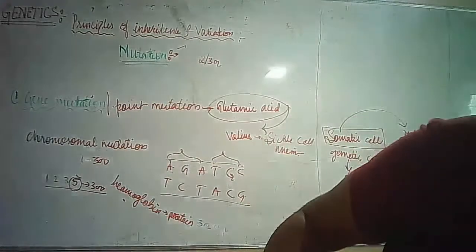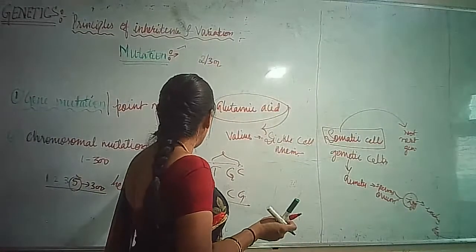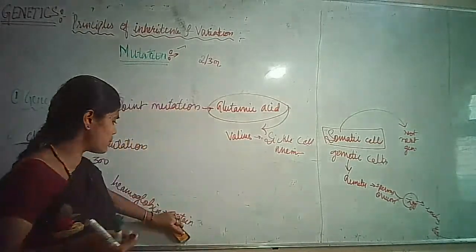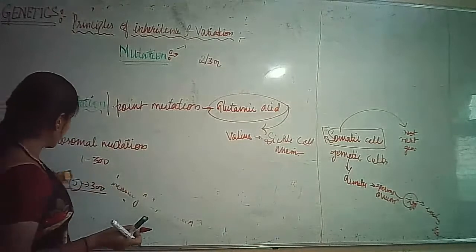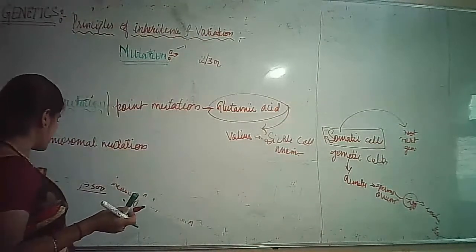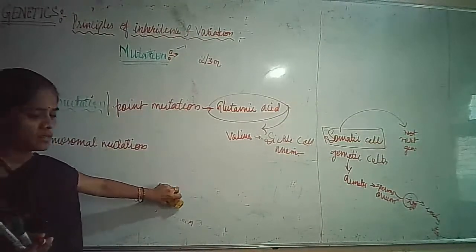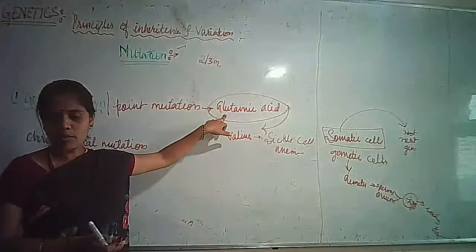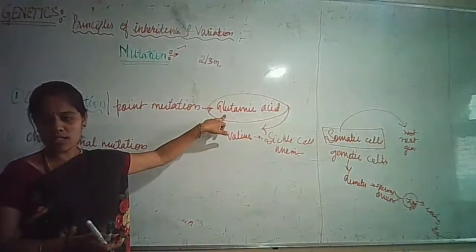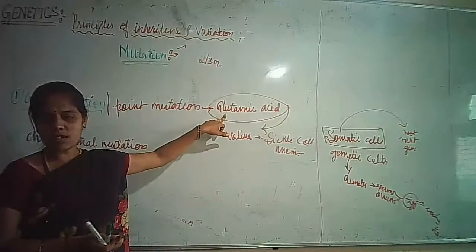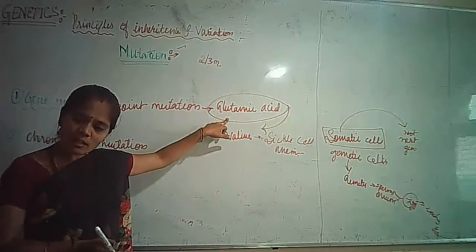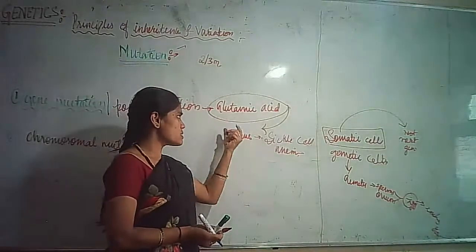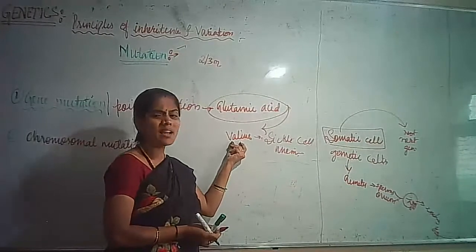The sequence which is coding for glutamic acid is changed. When it is changed, what happens? It is coding for valine. That sequence is replaced by this one. So instead of glutamic acid, in the beta chain of the synthesizing hemoglobin, that chain is replaced by some other sequence, so it is replaced by valine.